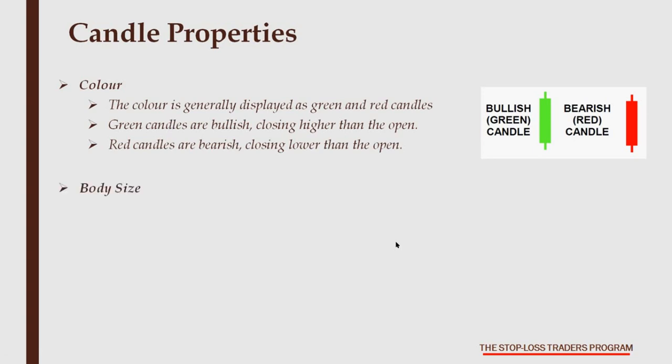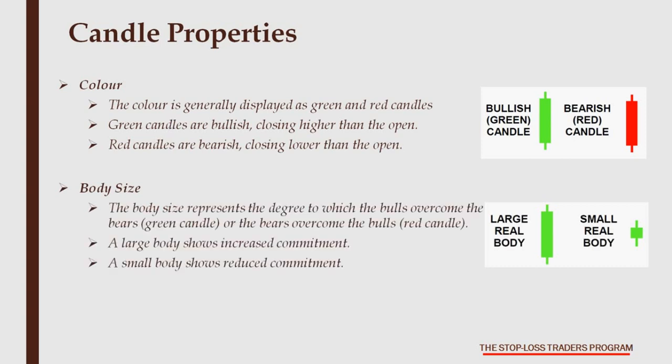Then comes the body size. We also studied about the body, expanded range and narrow range. The body size represents the degree to which the bulls overcome the bears in case of a green candle, or bears overcome the bulls in case of a red candle. A large body shows increased commitment, and a small body shows reduced commitment.